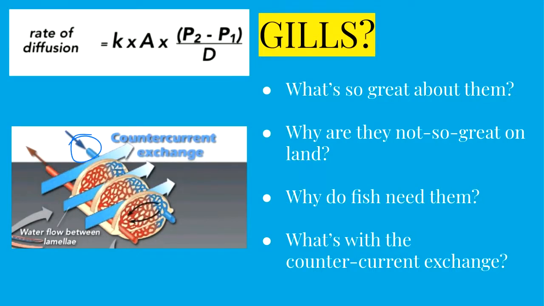Sorry, maybe the arrows are confusing. So you're trying to get the oxygen into the blood. So before the water has interacted with the blood, is there going to be a lot or a little oxygen in it?